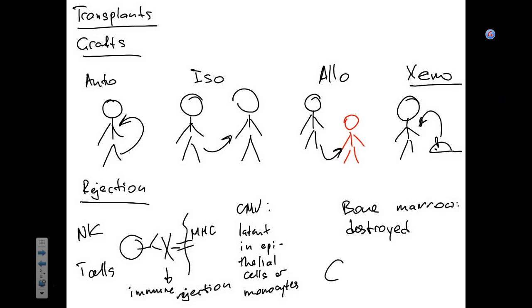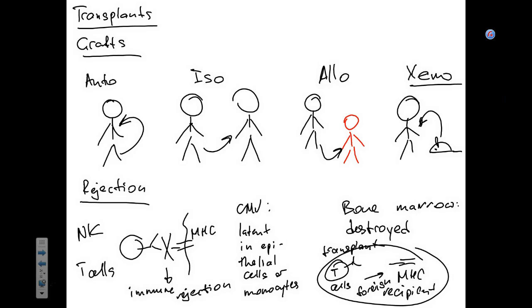So you've got T cells from the transplant that recognize the MHC from the recipient as foreign, right? So this all creates what type of situation?